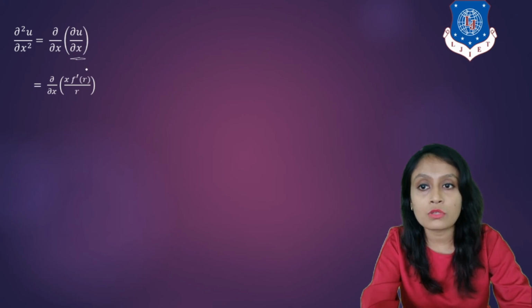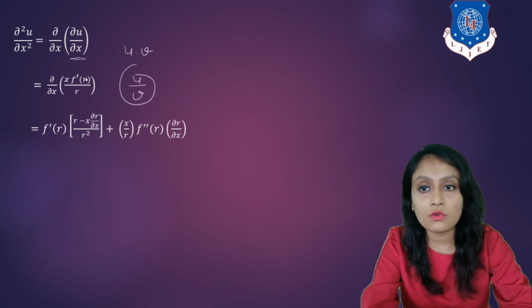Now to solve this differentiation, firstly we will apply the u·v rule, and then in that rule we have to apply the u/v rule. So just consider this f'(r) as u and this x/r as v.